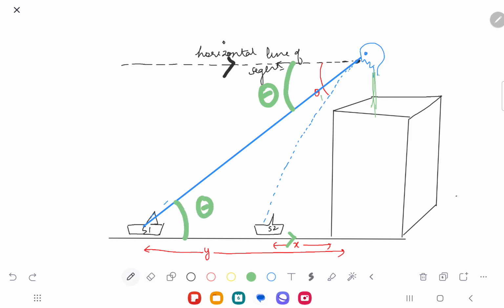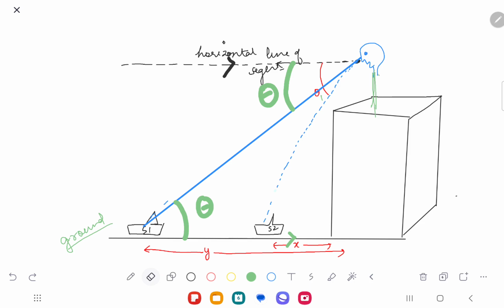Yes or no? Because the horizontal line of sight and the ground, they are both parallel. And what about this one?